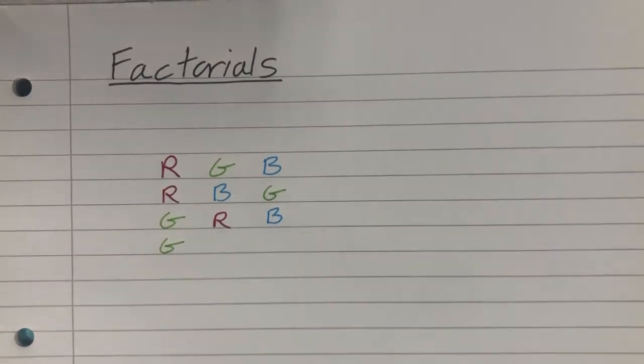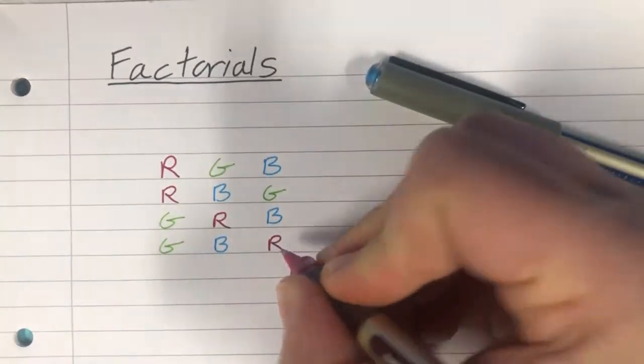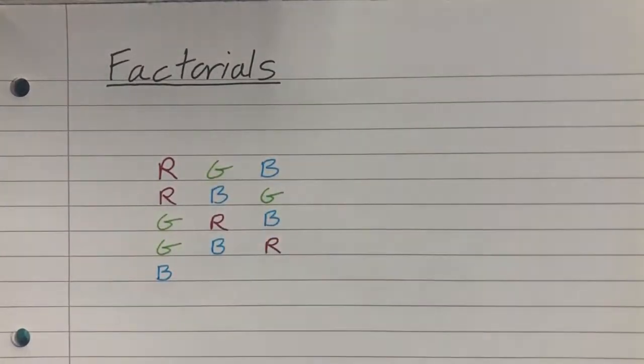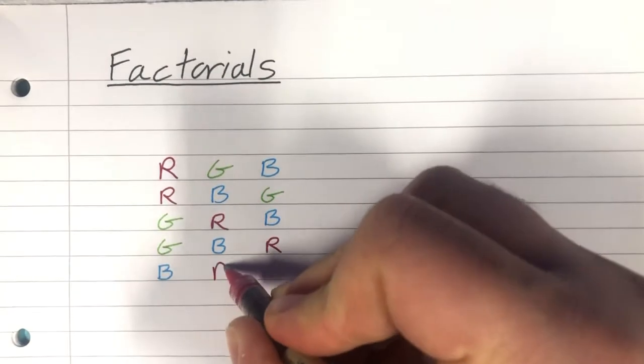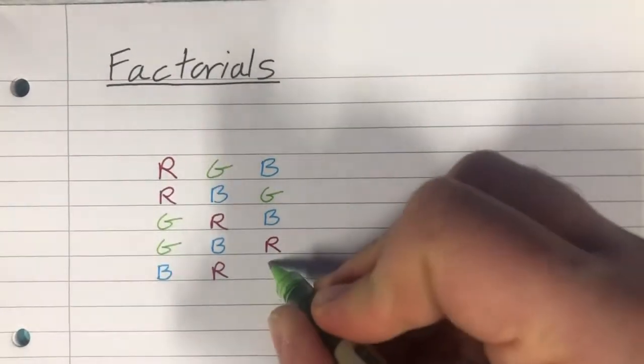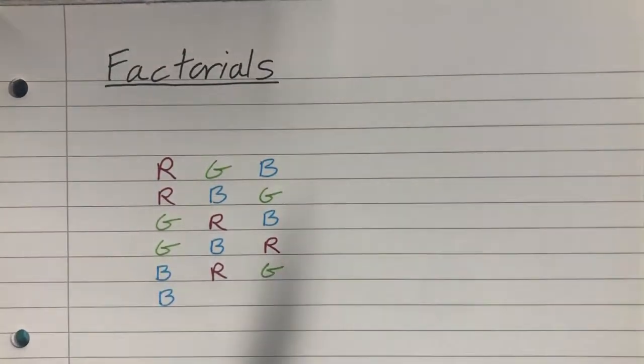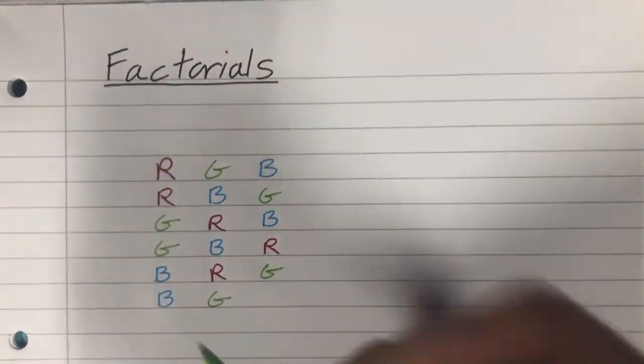So that'll be green, blue, red. And blue's not been out the front yet, so I could put blue there, and then I could put red next, and then green, and then of course I could keep the blue at the front, and I can swap the red and the green.